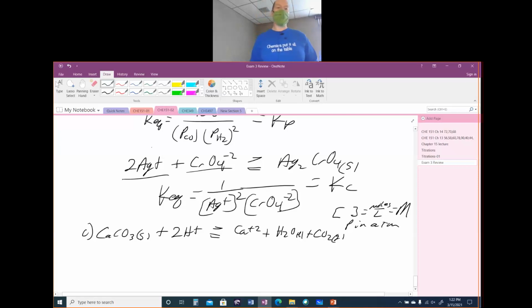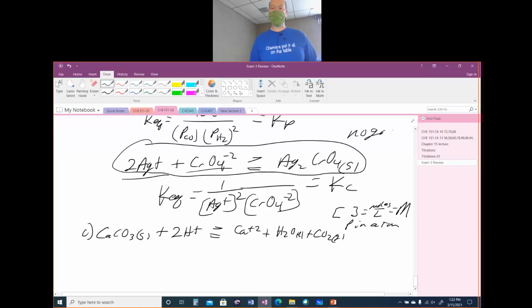For this reaction, since there are no gases, you cannot predict your delta S. So you must get the numbers off the table and calculate your delta S. It may be positive, it may be negative.